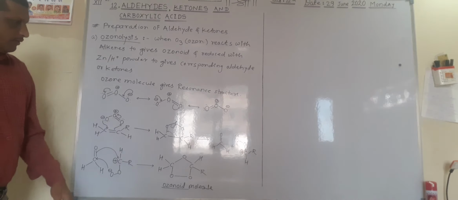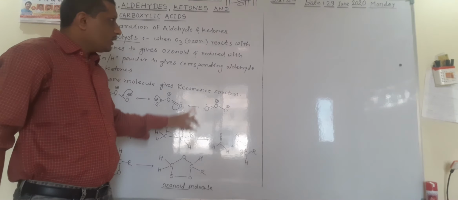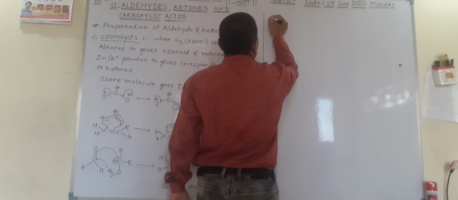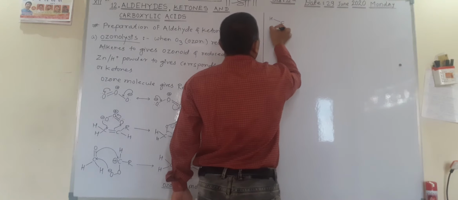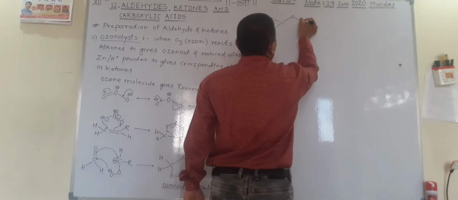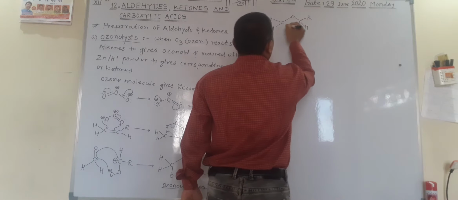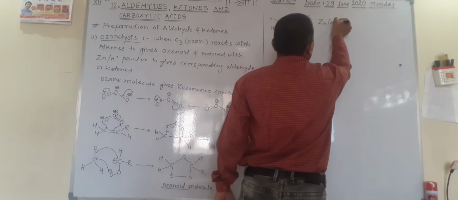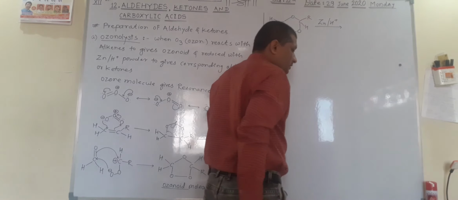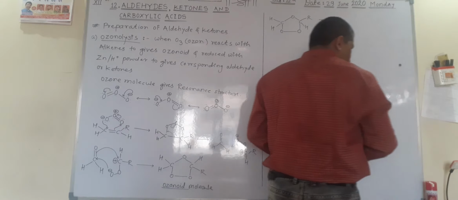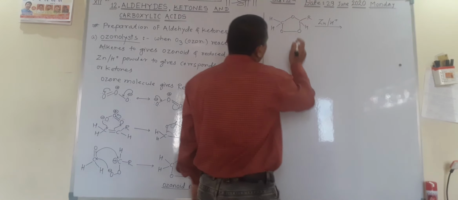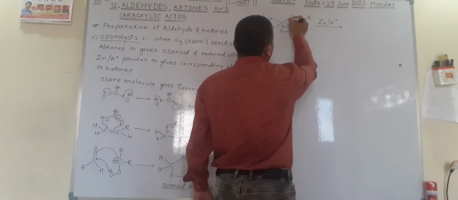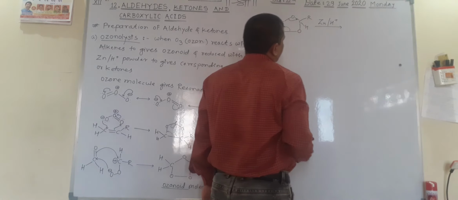The ozonide molecule is obtained. Further, this ozonide molecule is reduced in the presence of zinc powder, zinc dust, giving ZnH plus, and these molecules further break down in this way.